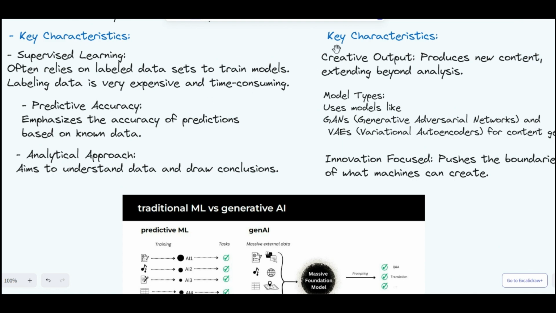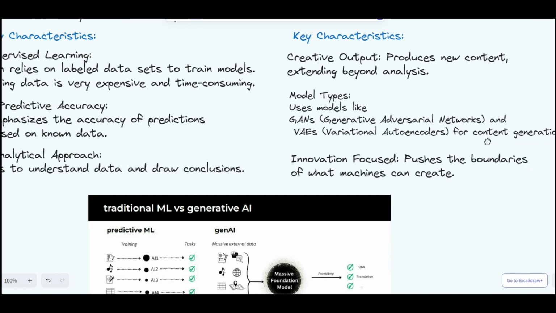When it comes to generative AI, it can create output that is new. It produces new content based on the data that it has been trained on. It uses model types such as generative adversarial networks, which we already discussed, and variational autoencoders for content generation.